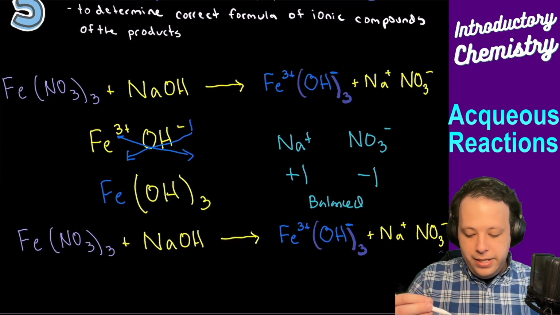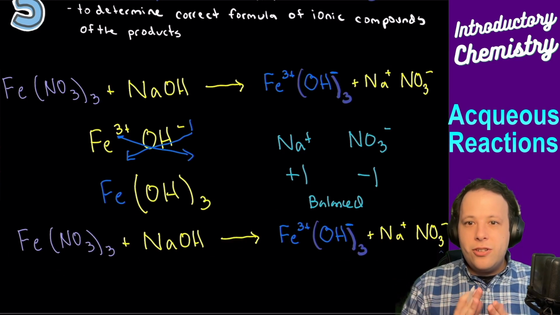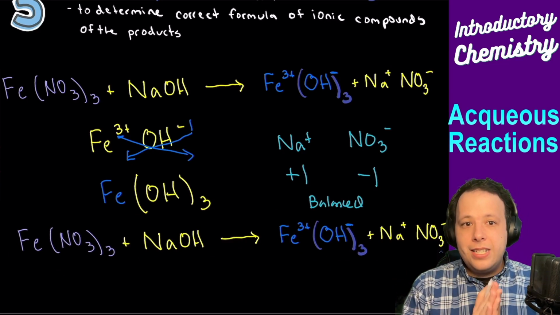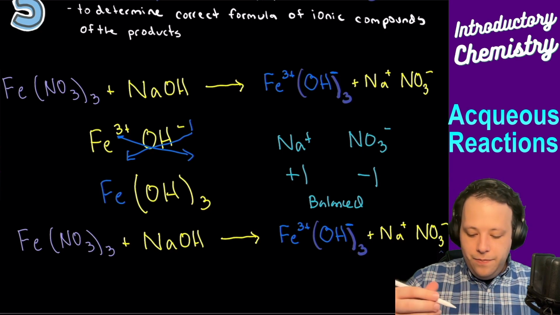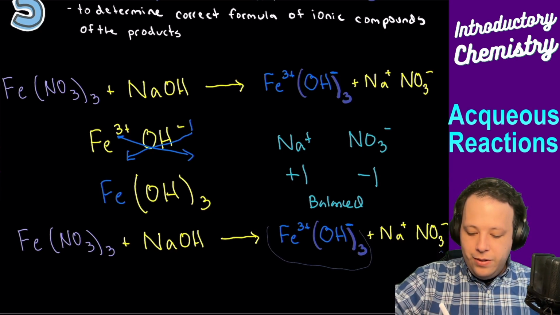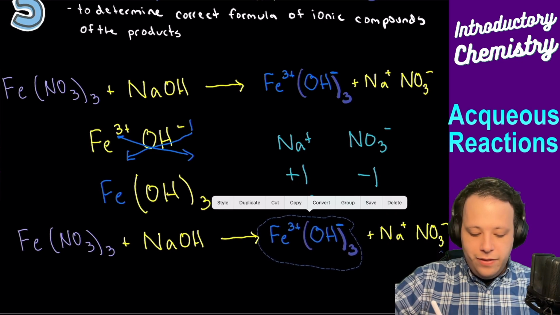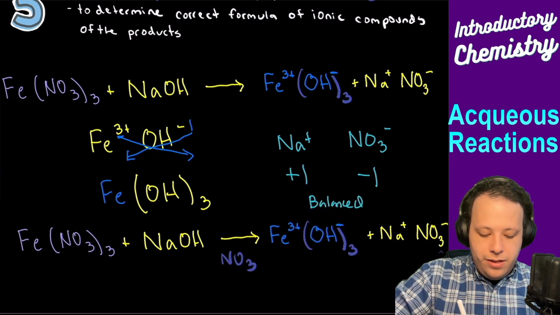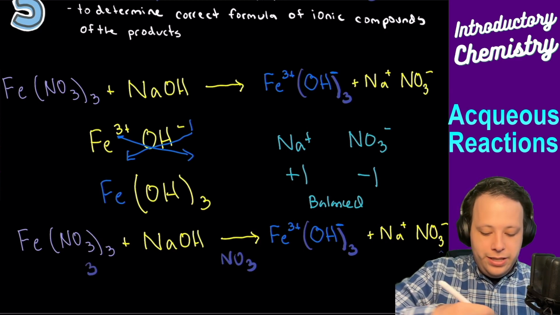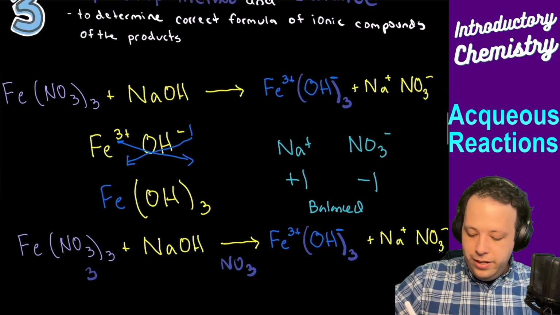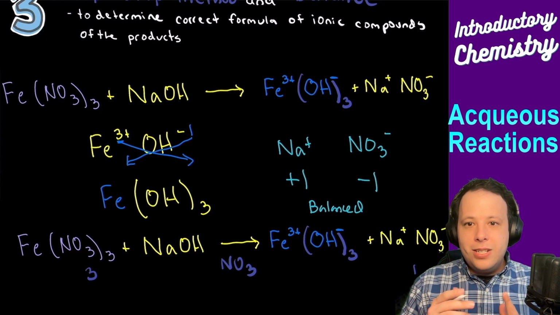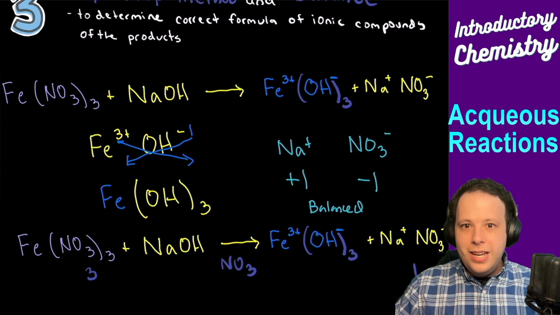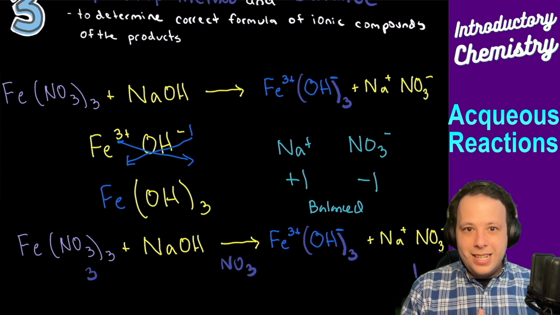Is it balanced? One of the big tricks here is to start with the polyatomics. On the left-hand side of the reaction, we have 3 nitrates on the left, 1 nitrate on the right.